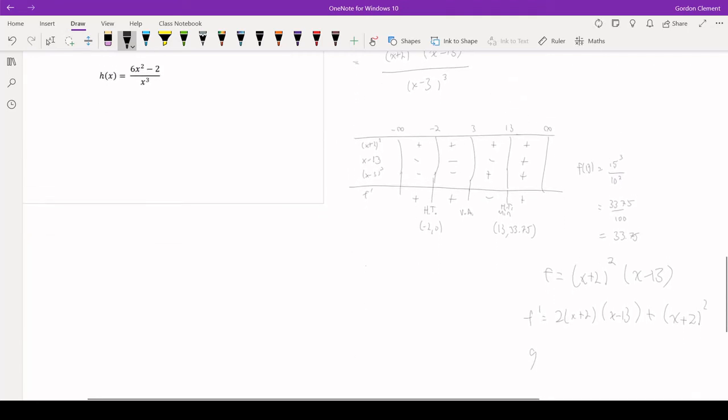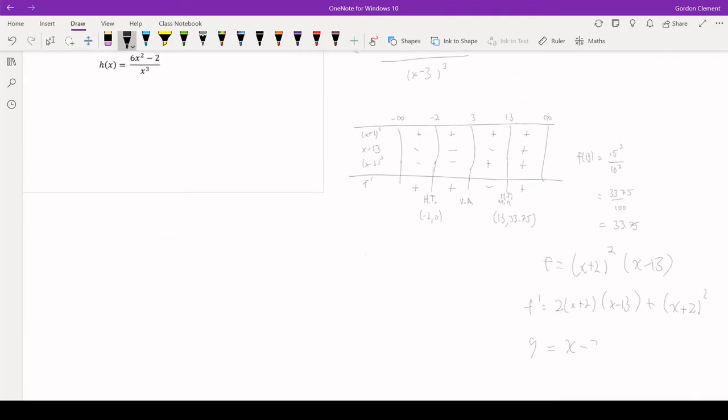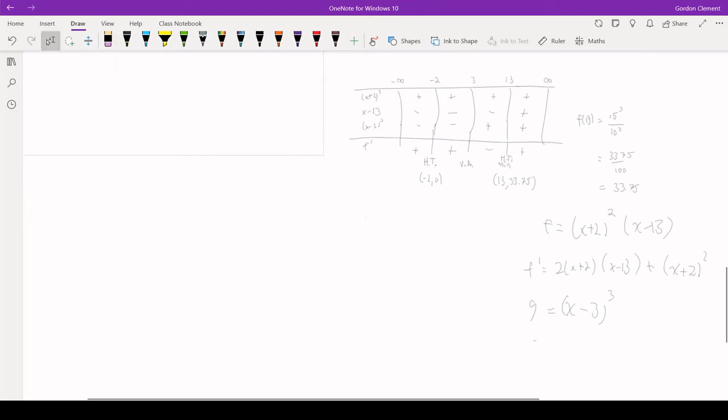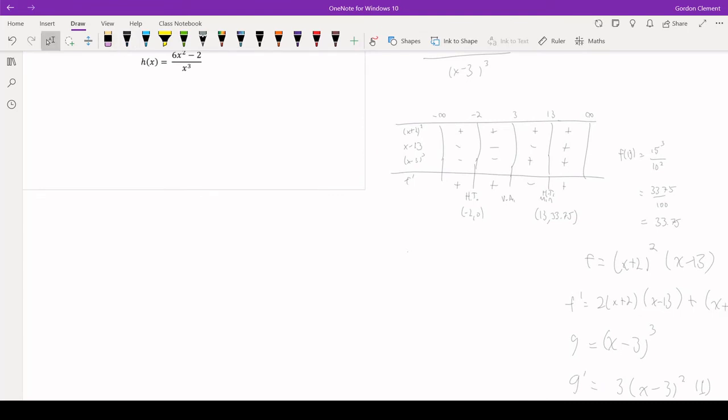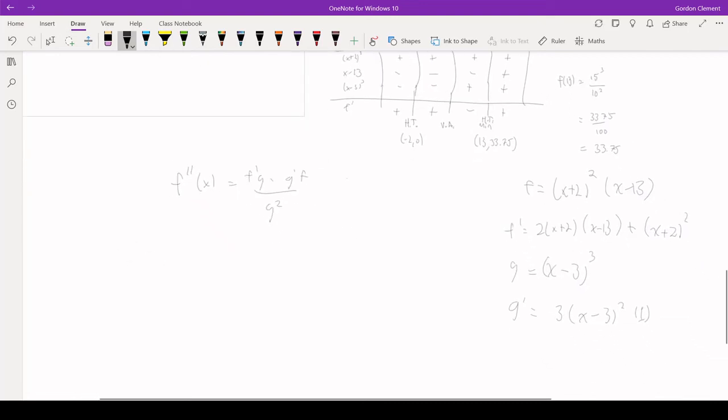My g is (x minus 3) to the power of 3. So g prime is going to be 3(x minus 3) squared times 1 for the derivative of the inside. Same formula as before, just a lot worse.